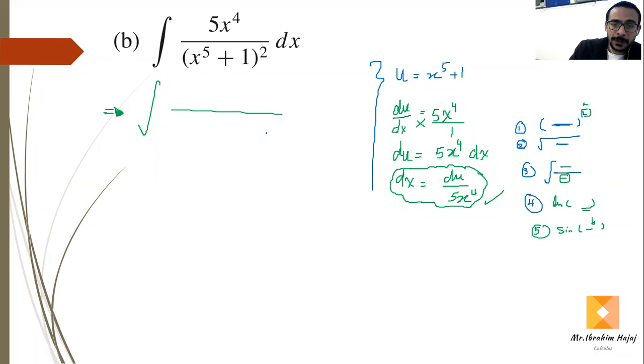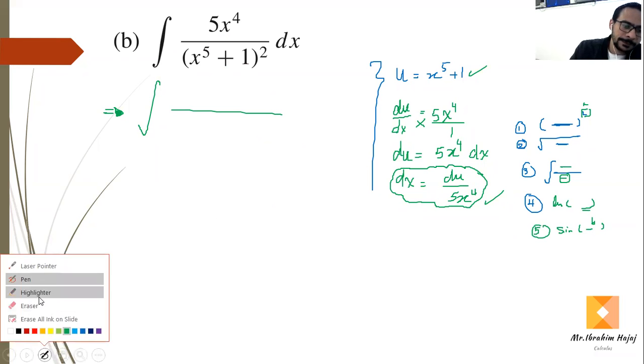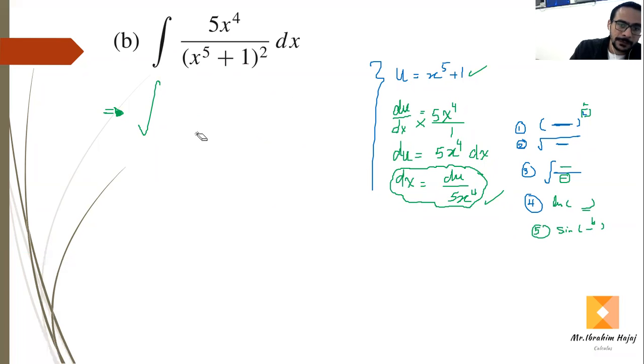Abdurrahman, after we found u and dx, what's the next step? To substitute. 5x to the power of 4 stays the same, but down here x to the power of 5 plus 1 is what?